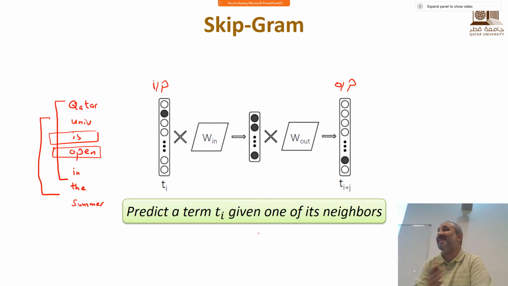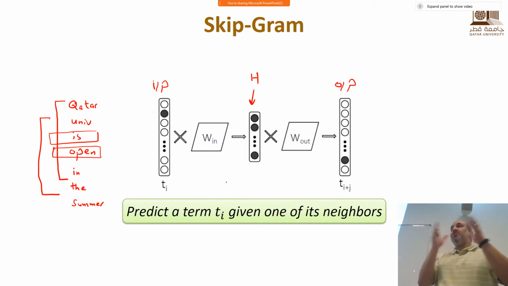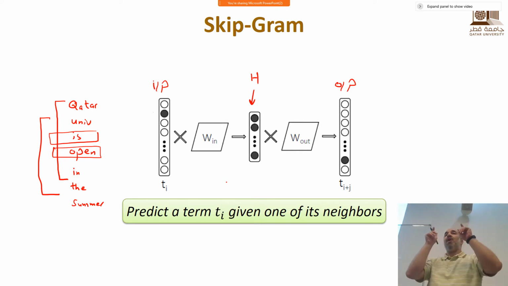We call them hidden layers. Okay, so for skipgram, we have just one hidden layer, which is this one. So that's the hidden layer. And between each of these layers, there are connections, and these connections are represented by a weight matrix.